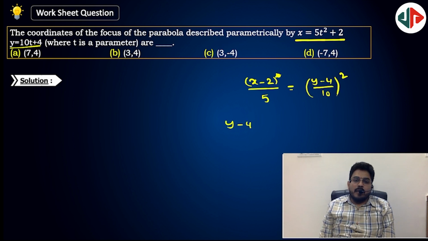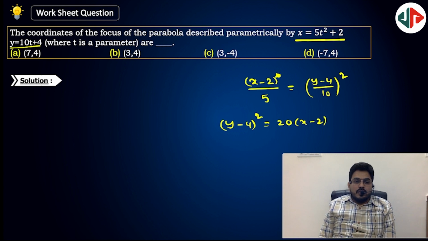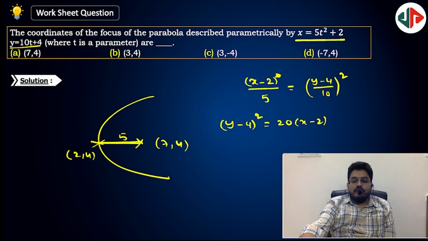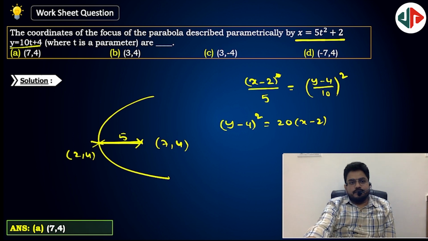So (y - 4)^2 = 20(x - 2). The vertex is (2, 4). From here to here is 5 units, so come 5 units this side. So (7, 4) is the answer.